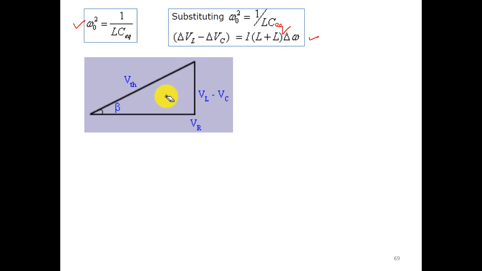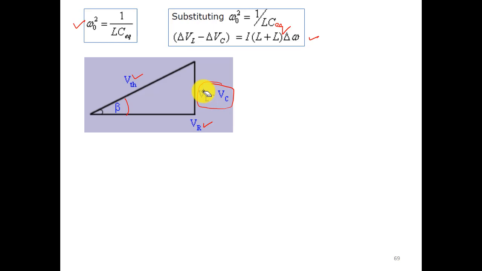So now what is phase angle error? Well, we can see it here. This is your voltage across the burden, across the relay, and VTH is the voltage which is fed across the primary side. Now if there is some voltage deviation between VL and VC, if they are not equal, if the frequency is varying, because the capacitance and reactors are tuned at nominal frequency.